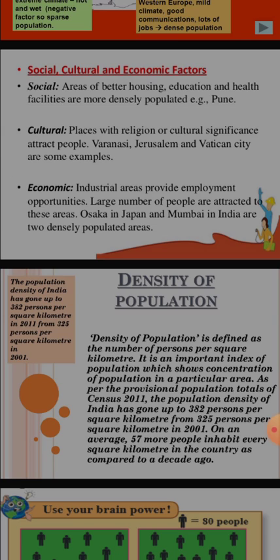Understood? Come to the third point: economic factor is another factor responsible for more population. For dense population, industrial areas provide employment opportunities. A large number of people are attracted to these areas. Osaka in Japan and Mumbai in India are two densely populated areas.